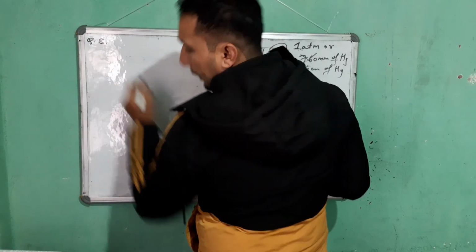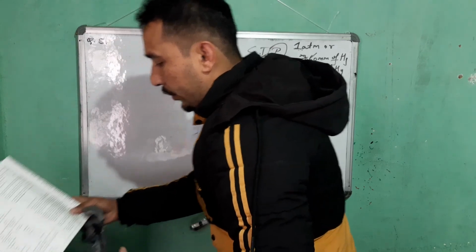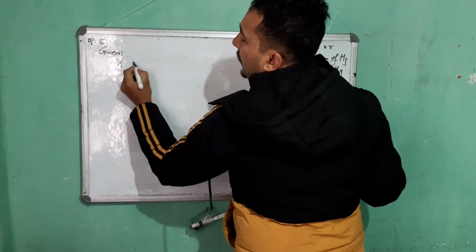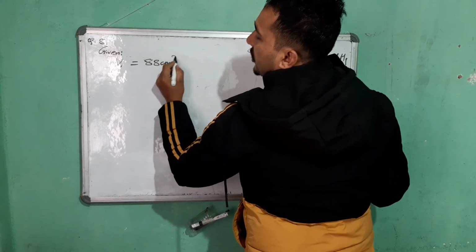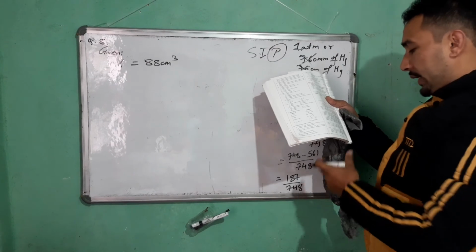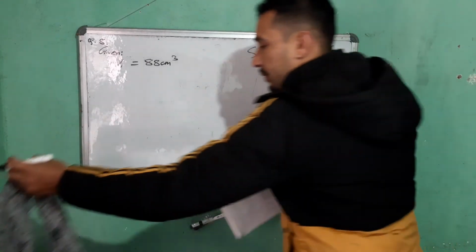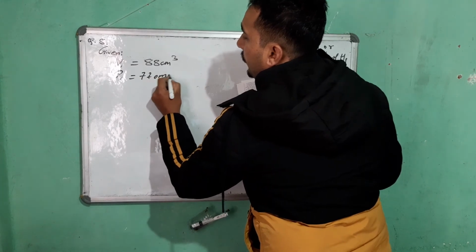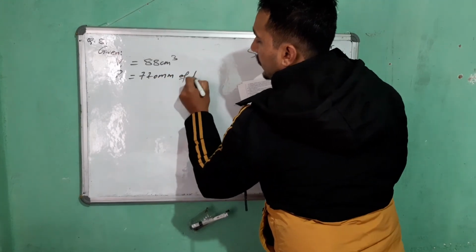Question number 8. So given, V1 is 88 centimeter cube, at a pressure of 770 mm mercury. Pressure P1 is 770 mm of Hg.